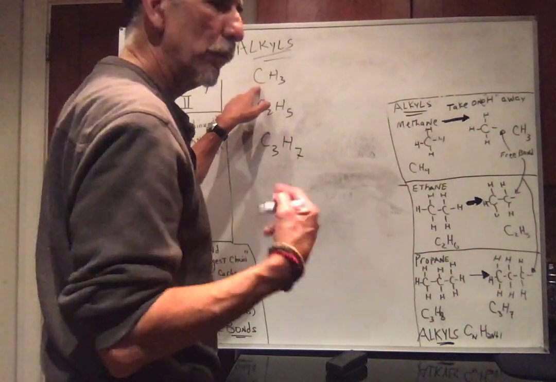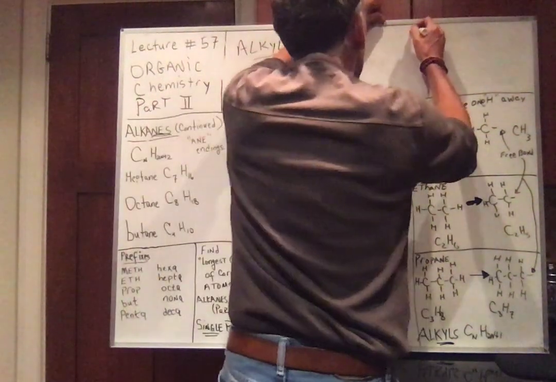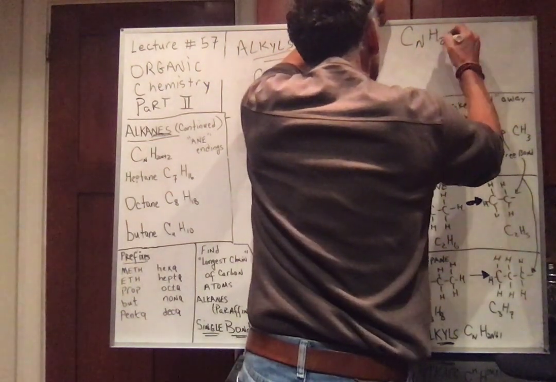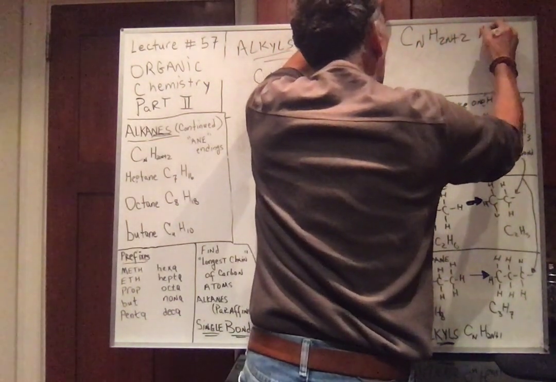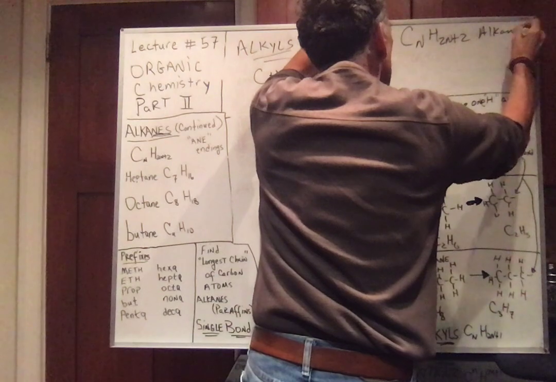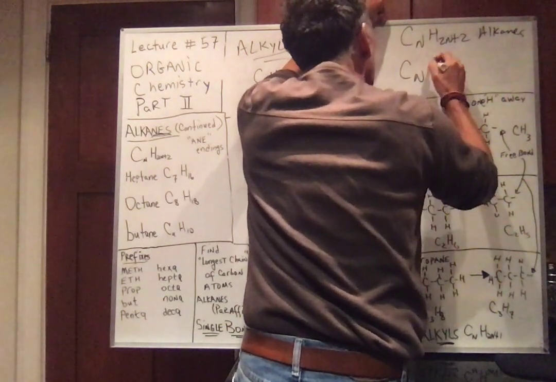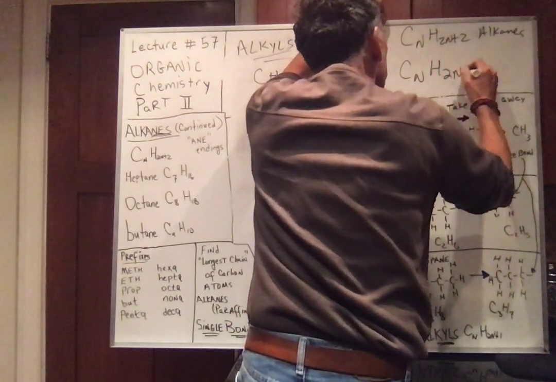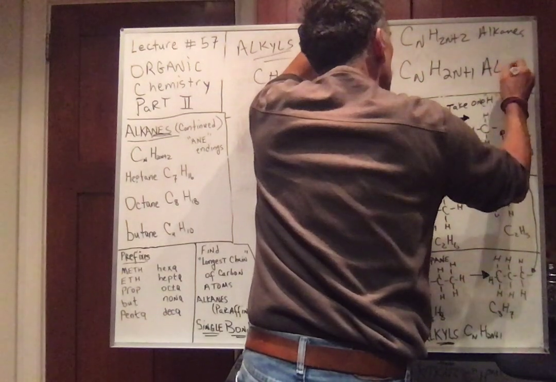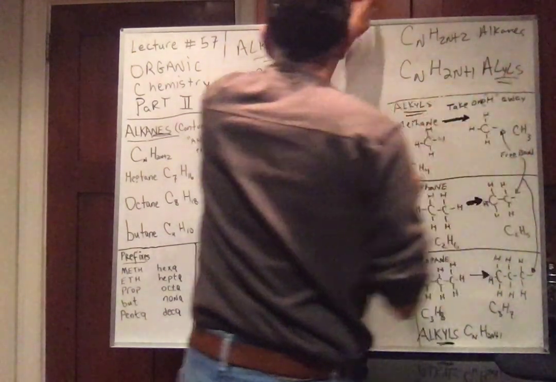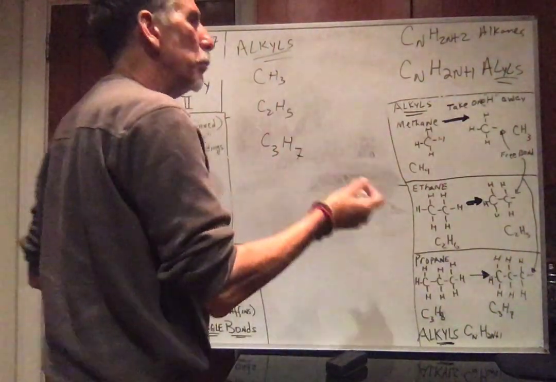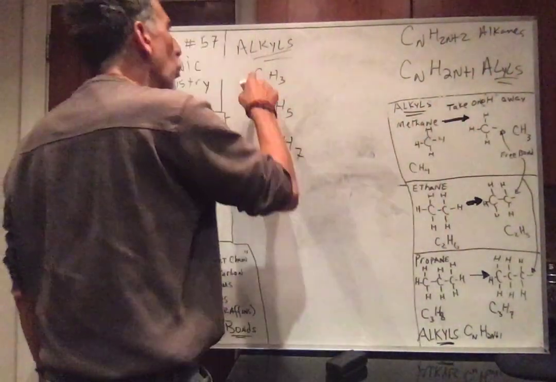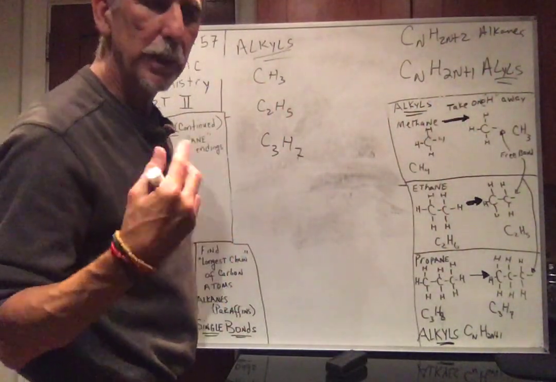Remember the alkanes were CnH2n+2. Now we have CnH2n+1, and these are called alkyls. So what does that mean? It means the ending is -yl. 1 carbon, the prefix is still meth.